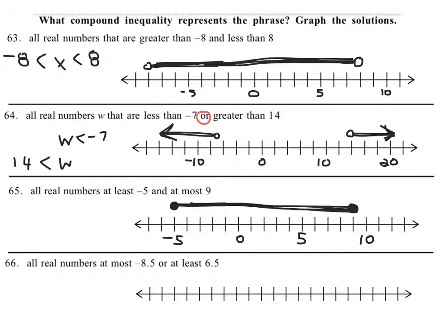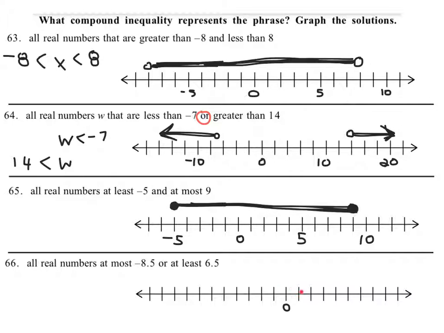Okay? And one more, and we're done with this. All real numbers at most -8.5 or at least 6.5. Okay? So what I'm going to do is I'm going to label our endpoints. I'm going to say, first of all, I got to label my number line.